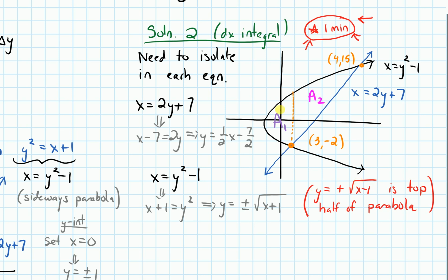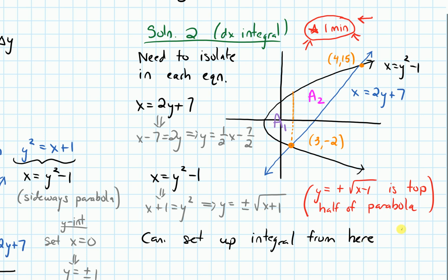So that's going to give us the top half. Similarly, y equals the negative square root would just be the bottom half of the parabola. So from here, now that we've identified the top and bottom functions, we can set up the integral.